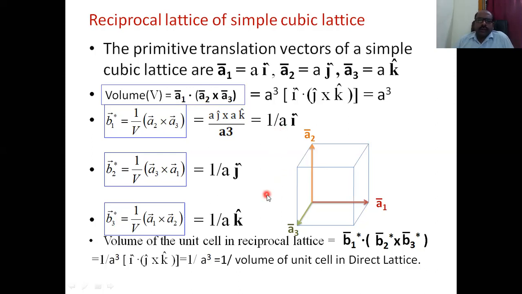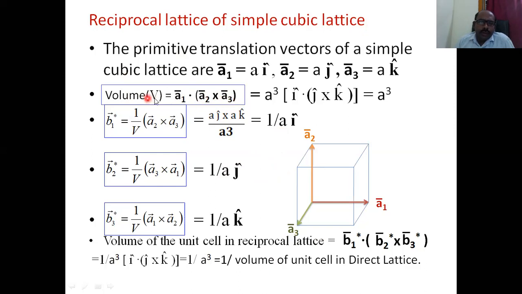Okay, so this is about the reciprocal lattice of simple cubic. The reciprocal lattice of a simple cubic direct lattice is also a simple cubic lattice. That is the conclusion. And earlier we saw the volume of the unit cell in direct lattice, V is equal to a1 bar dot a2 bar cross a3 bar.